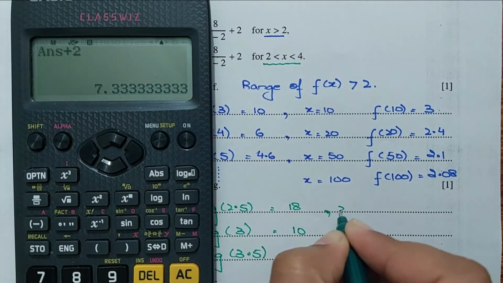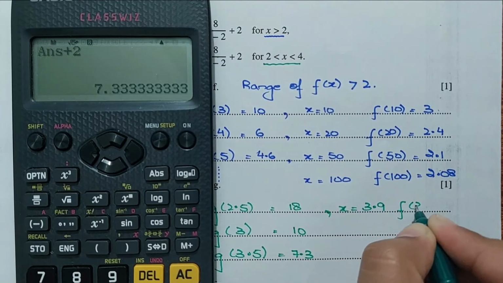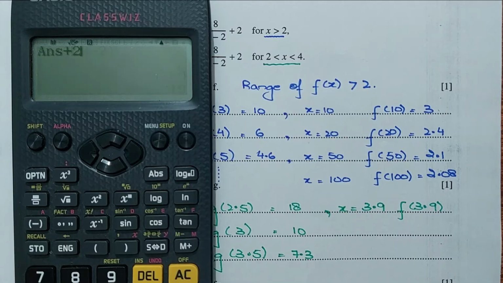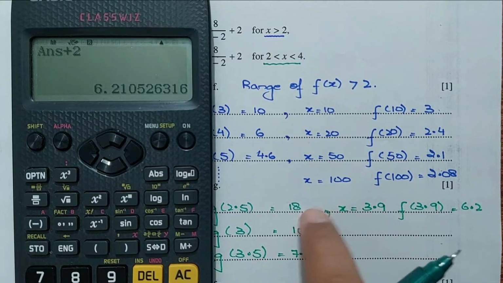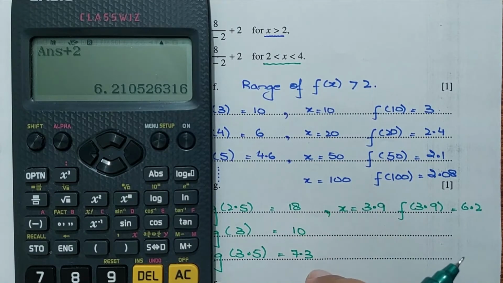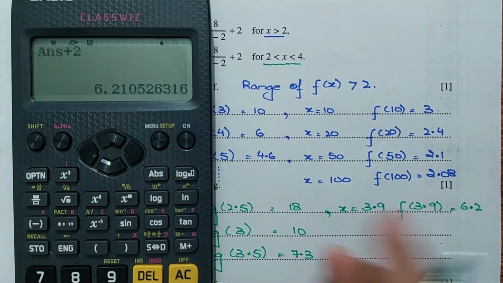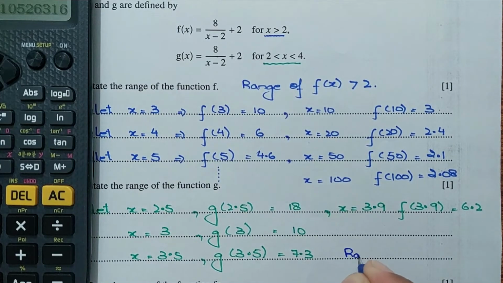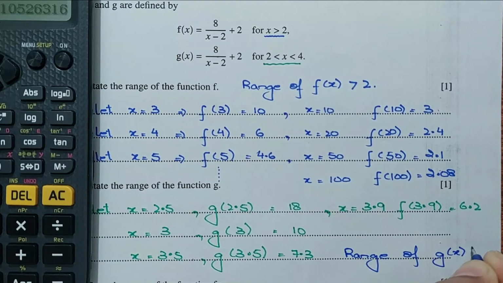Let's say x equals 3.9. What is g of 3.9? 8 divided by (3.9 minus 2) plus 2, that is 6.2. So the values are 18, then 10, then 7.3, and then 6.2. The values are approaching 6, so we can easily guess that the range of g of x is greater than 6.